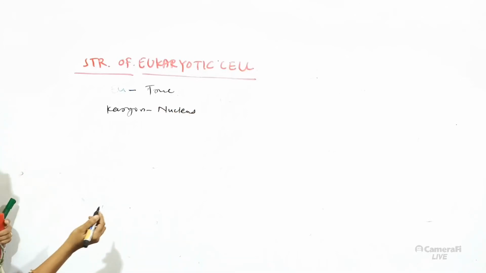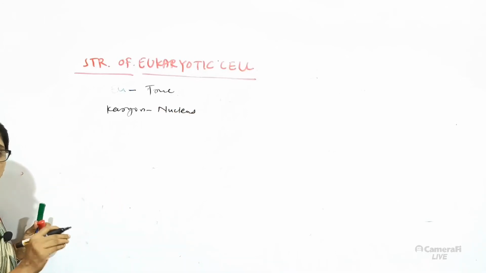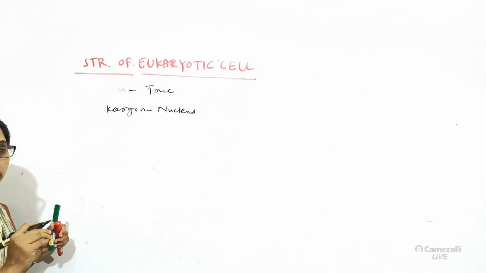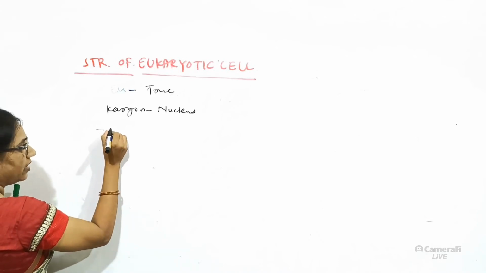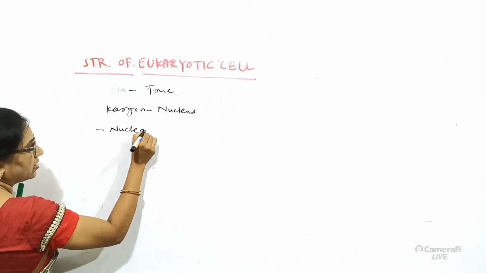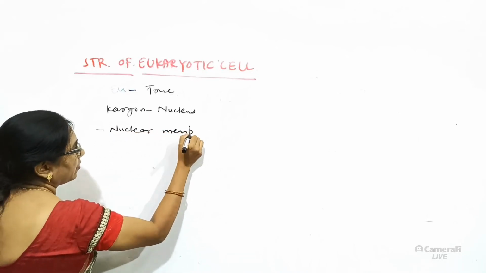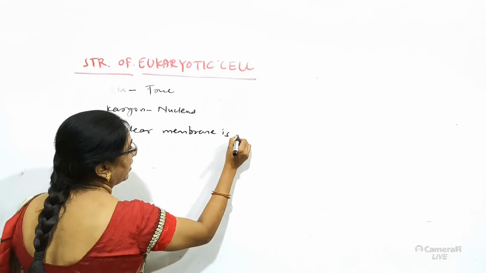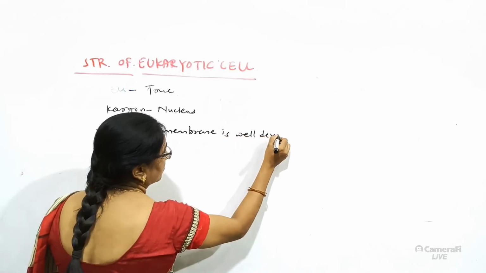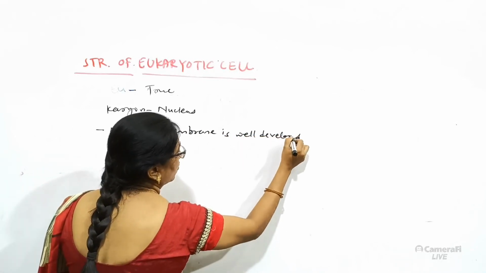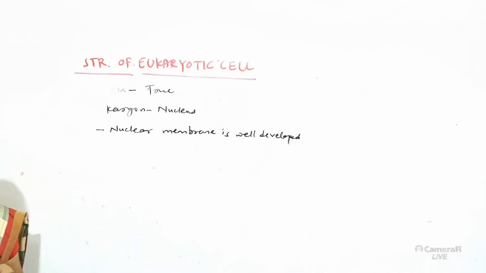So, these are the cells which are having a well developed nucleus. In these cells, the nuclear membrane is well developed. They show the well developed nuclear membrane.